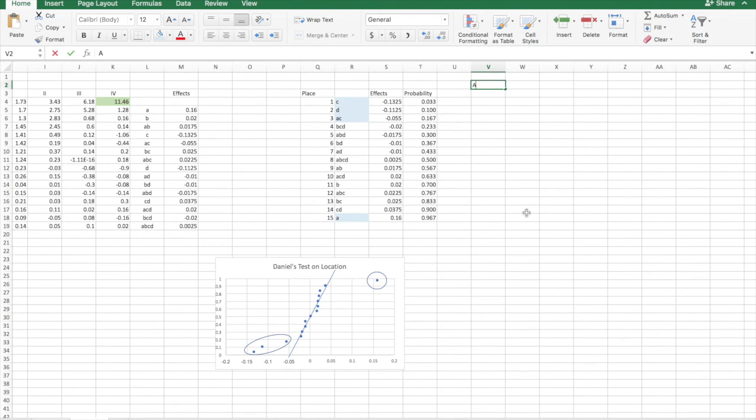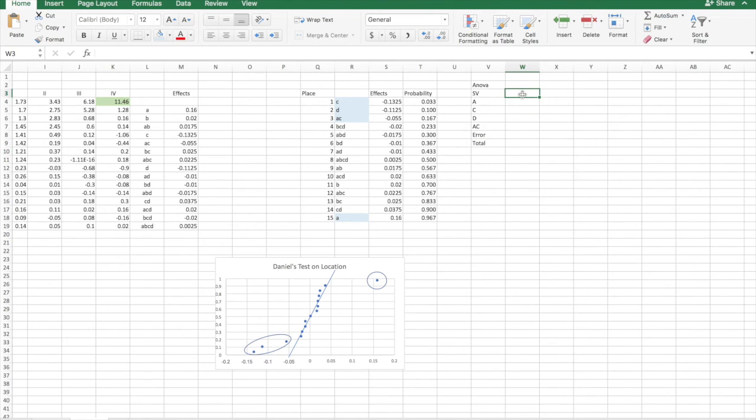So the first column is the sources of variation, and since it's just factor A, factor C, factor D, and the interaction between factors A and C, error, and the total.